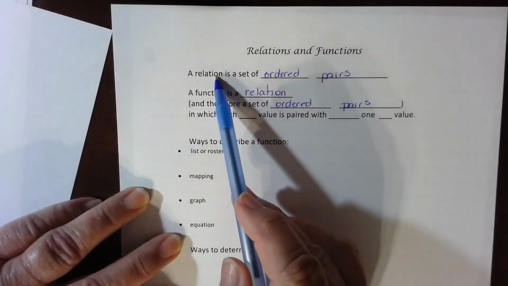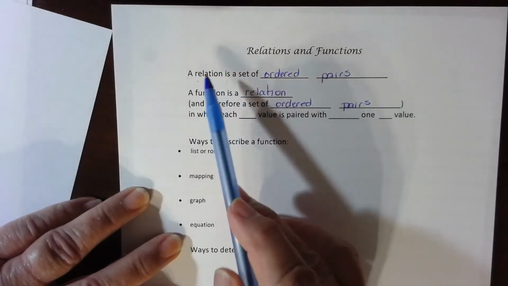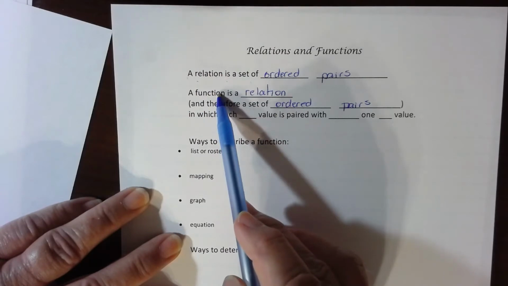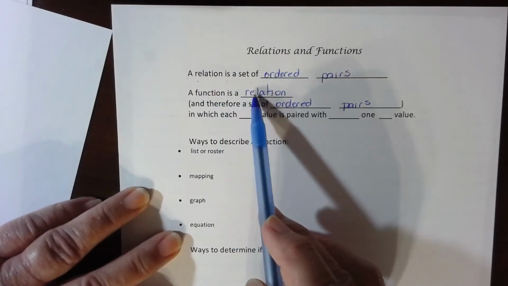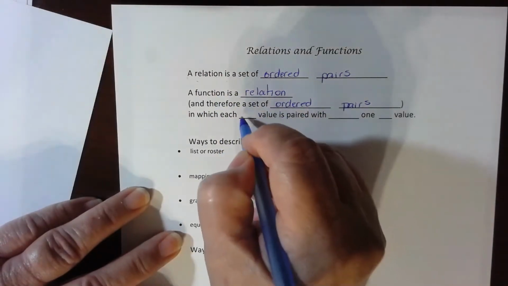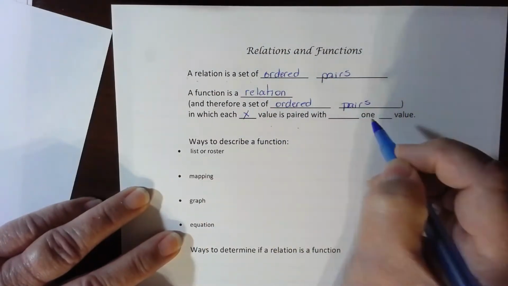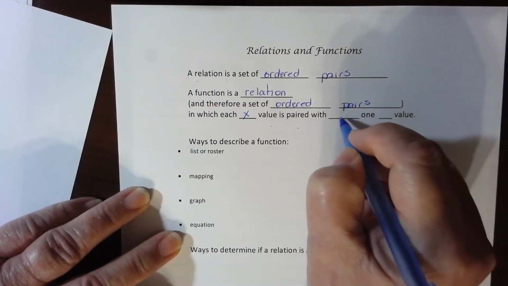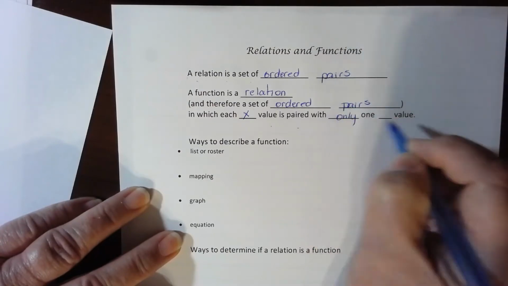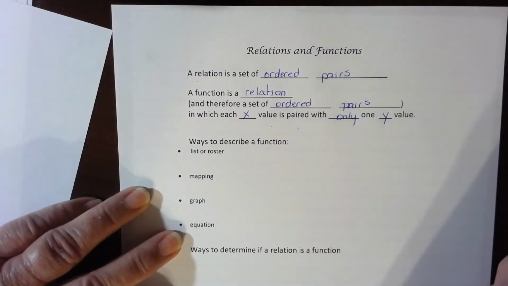A relation is like the big umbrella group, and then a part of that are the functions, and the functions are those relations in which each x is paired with only one y value.